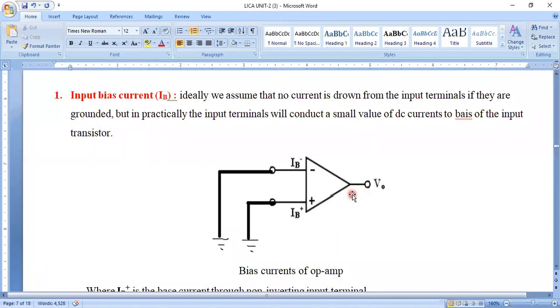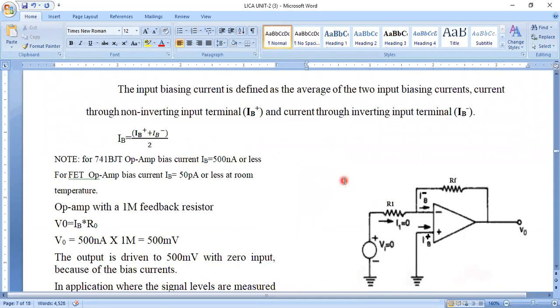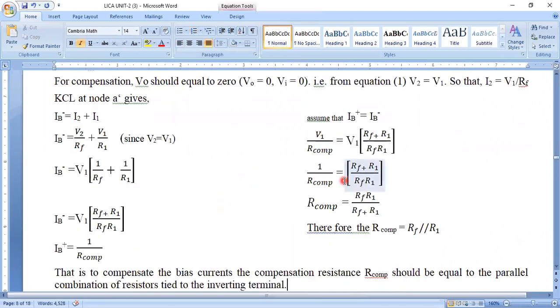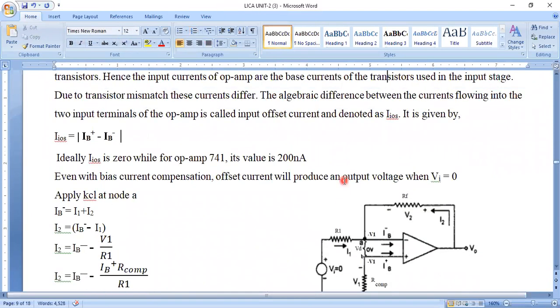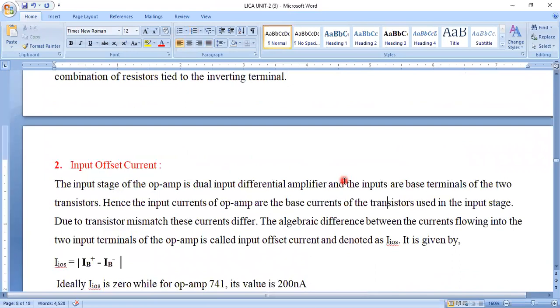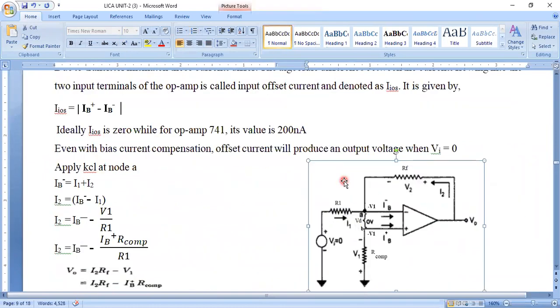To eliminate this input offset current, we have to design the operational amplifier with three resistances: input resistance, feedback resistance, and compensating resistance. Input offset current is nothing but the difference of magnitude between the input biasing currents IB plus and IB minus.